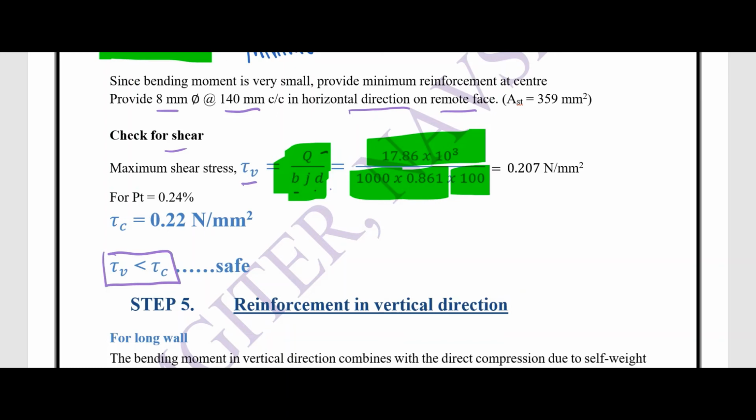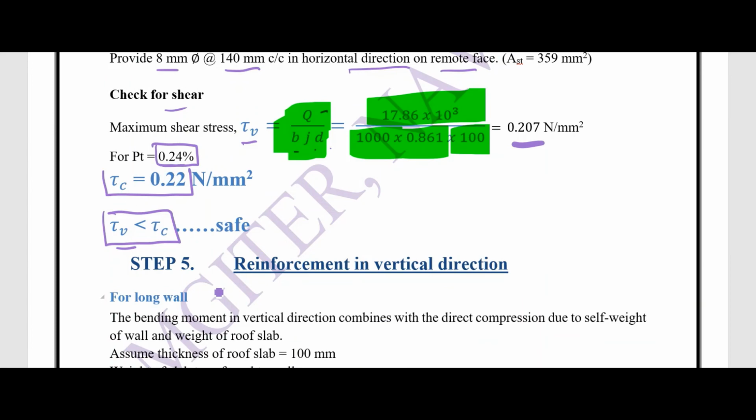So tau v is equal to 0.207 Newton per mm square. By this, PT is 0.24 percent, so for PT 0.24 percent, tau c is 0.22. So tau v is less than tau c. So our design is safe for the shear.